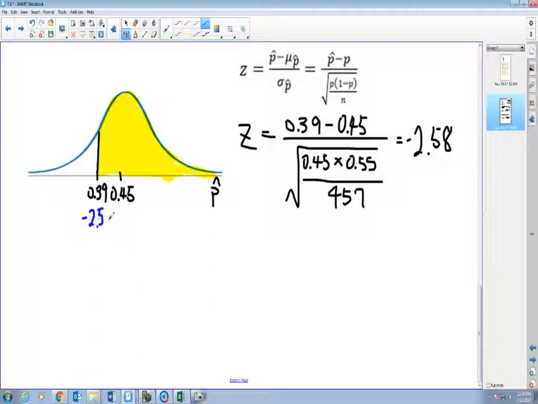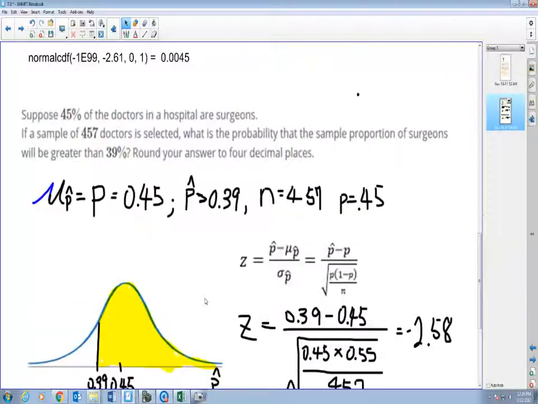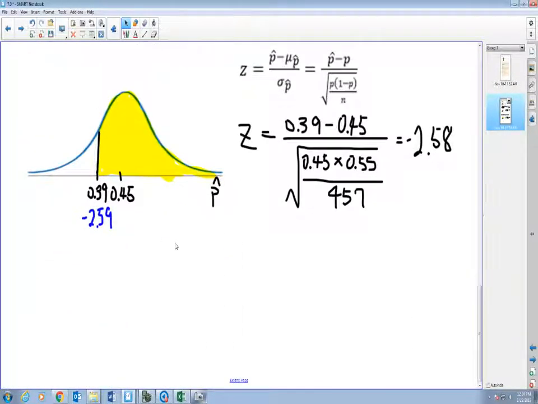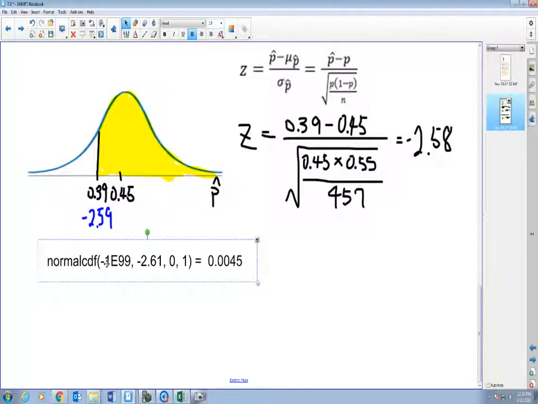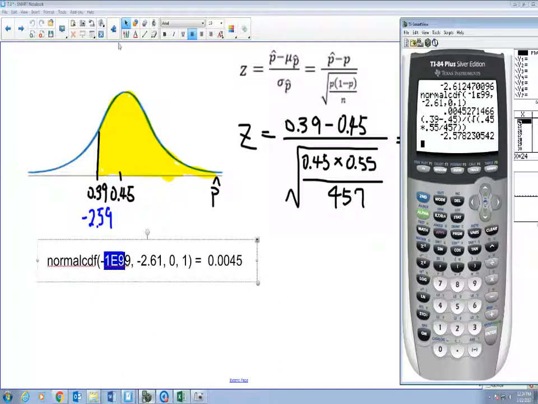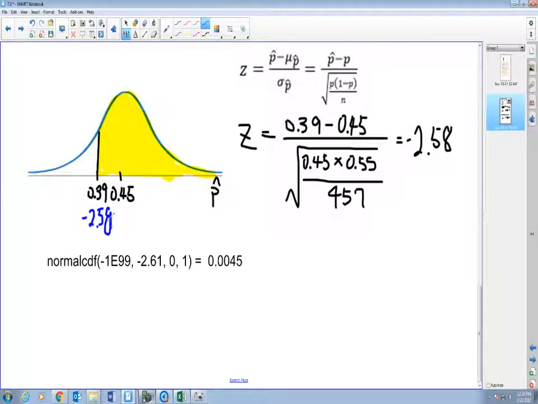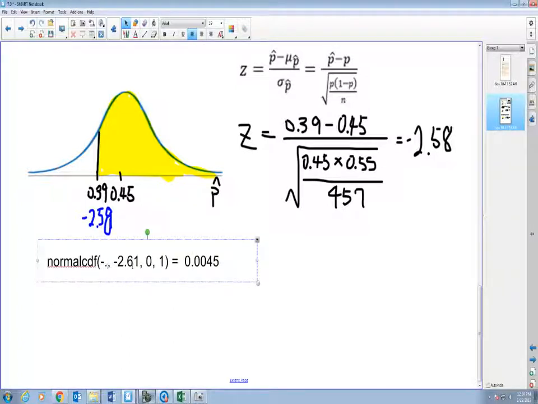I'm looking for the area to the right. So normal CDF, starting from negative 2.58. Oh Lord, 58. Did I say 58? Yeah, I wrote 9 here. Keep on going to the right: negative 1E99, comma, 0, comma, 1.